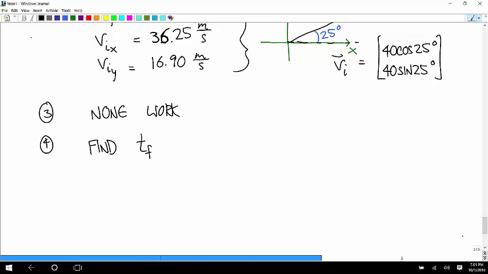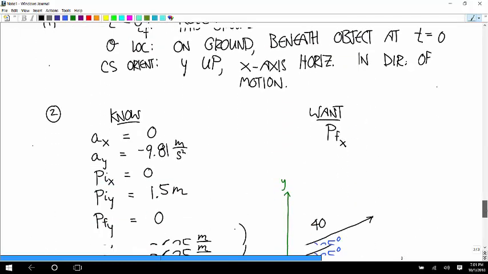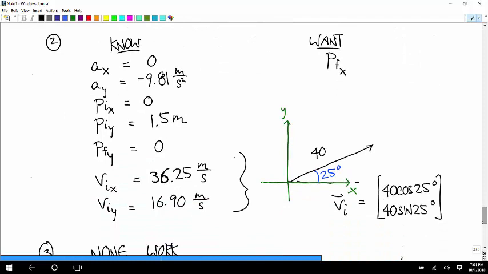Okay, so now go back to what we know. Now we're looking for an equation that has time final in it. We're not looking for PFX anymore for now. We're looking for time final. Is there an equation that has time final and everything else in it is known?